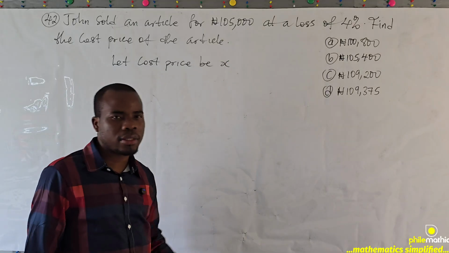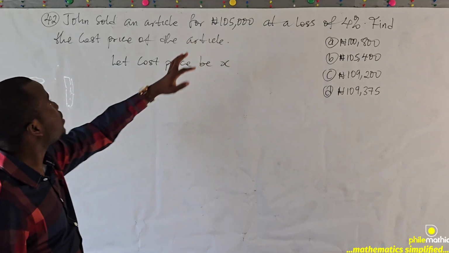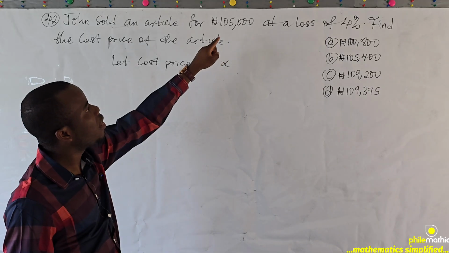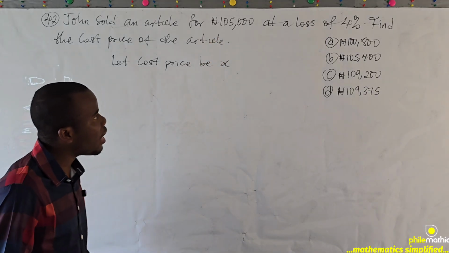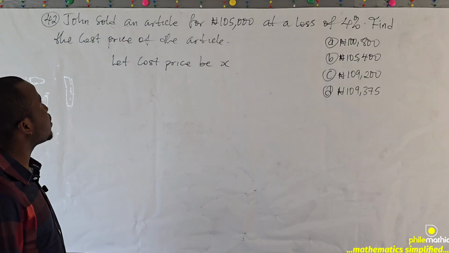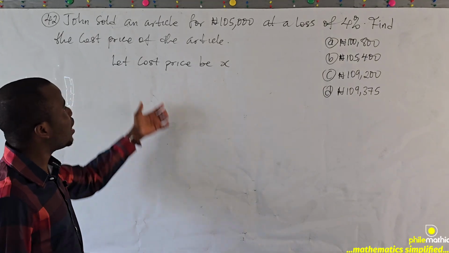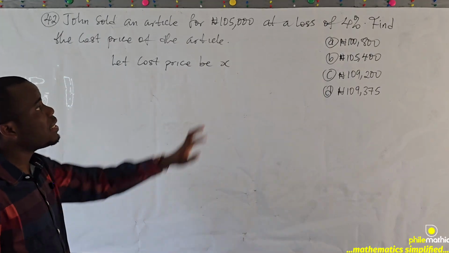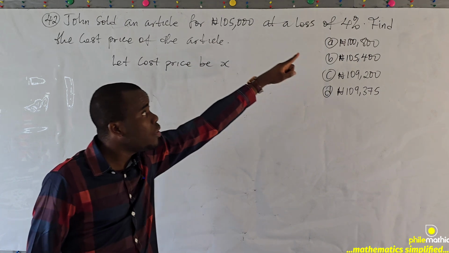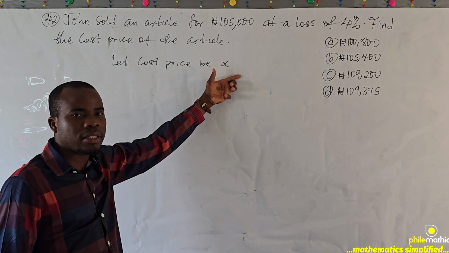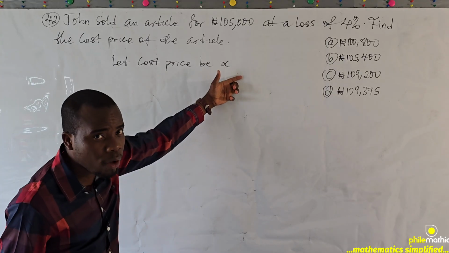That's the selling price. Now, for this, John sold an article for 105,000 naira at a loss of 4%. Find the cost price of the article. So we say let the cost price be X. Since he made a loss, that means 4% have been deducted from 100%. That is our usual cost price.